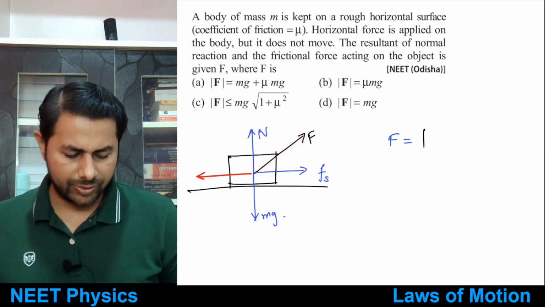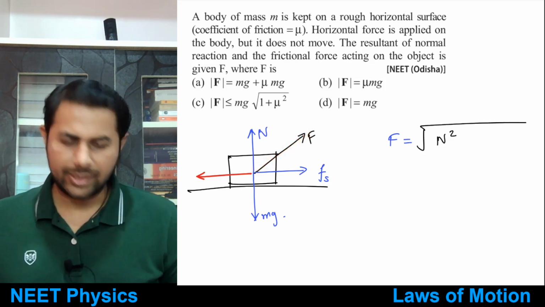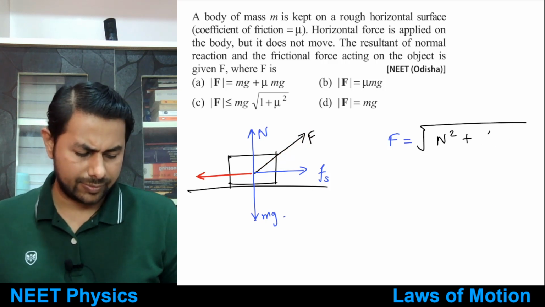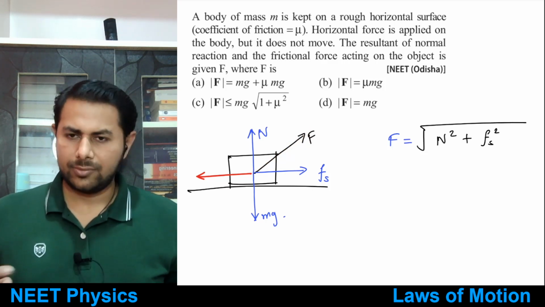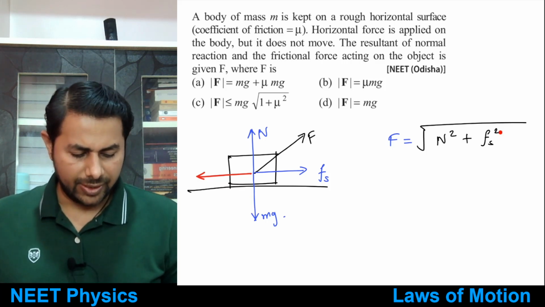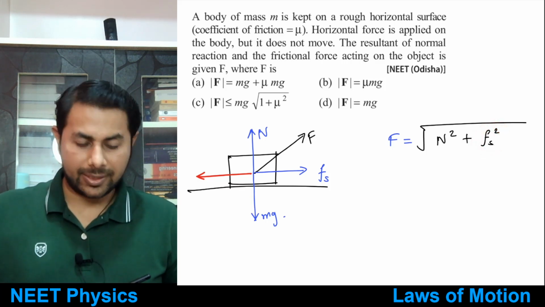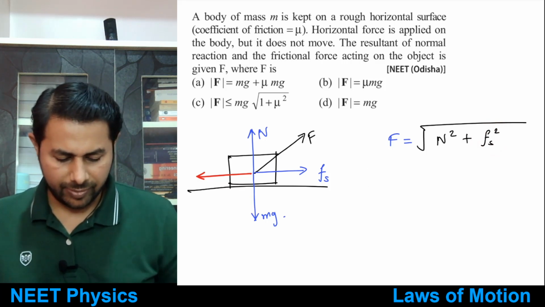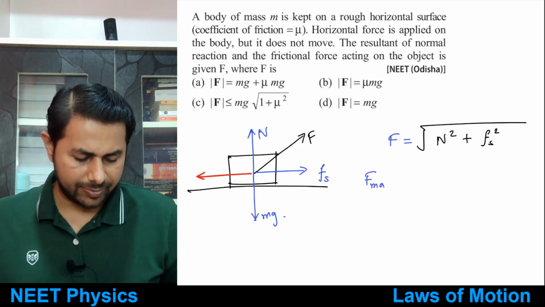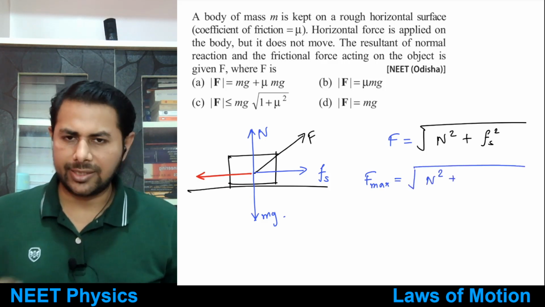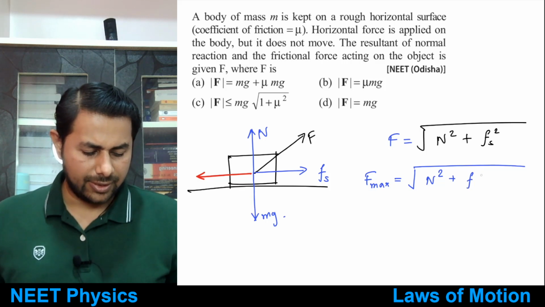It is just equal to the square root of normal reaction squared plus Fs squared. And at max, Fs would be Fs max. So the maximum value of F is equal to the square root of N squared plus Fs max, which is mu s into normal reaction.